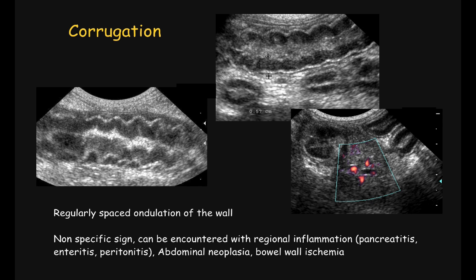Corrugation is not a specific feature and can be encountered in several conditions that often are associated with regional inflammation, such as pancreatitis, peritonitis, enteritis, but also can be seen in ischemic bowel segment or neoplasia. Therefore, this feature does not automatically indicate a mechanical compromise requiring surgery, unlike plication.